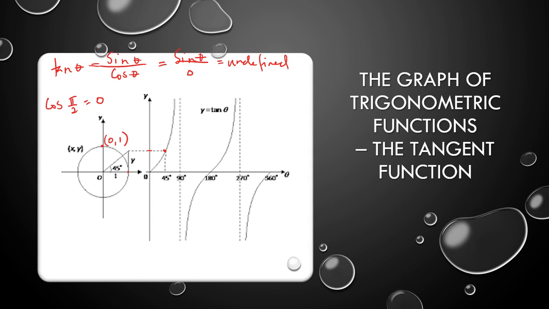And the period of that, as you can see, from this point to this point is the same distance. From 90 to 270, that is 180 degrees. So our period here is equal to pi, not 2 pi anymore.